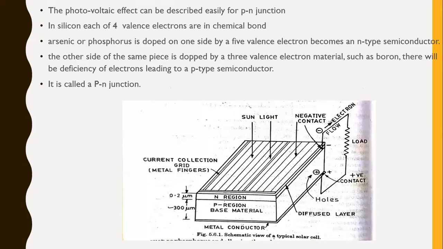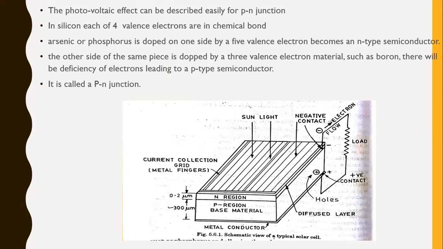What we discussed before is the photovoltaic effect, and it can be easily described by a PN junction in semiconductors. Due to P and N regions, a junction called the PN junction forms, and the effect can be described by PN junction semiconductor diodes.